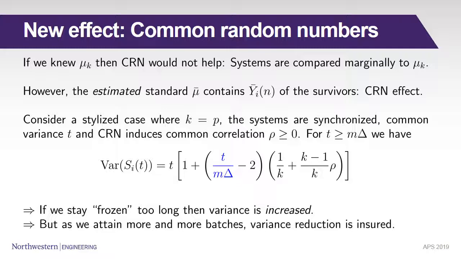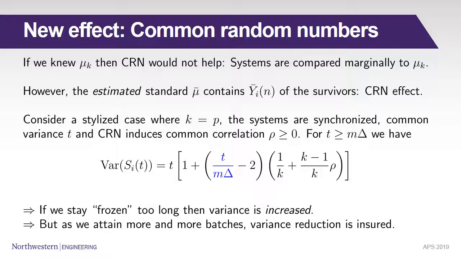That's t, the current amount of local time we've accumulated, over m delta, which was the amount of local time that was used to compute the standard. Now initially, that's m delta over m delta, or 1. The quantity in parentheses is negative, and therefore common random numbers is going to reduce variance.